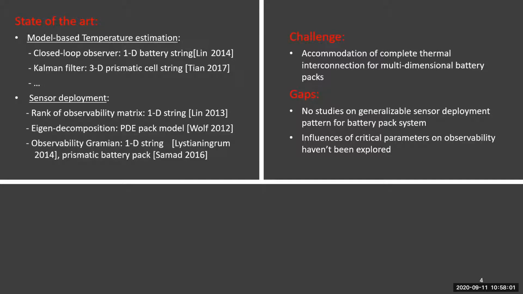However, there are still challenges and gaps. Currently, the battery string thermal model cannot completely represent the thermal interconnection at the pack level. Furthermore, previous work did not look into the sensor deployment patterns in the battery pack, and the influences of critical parameters on observability haven't been explored.